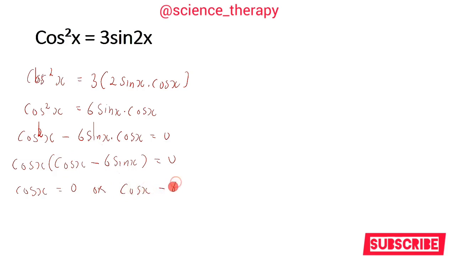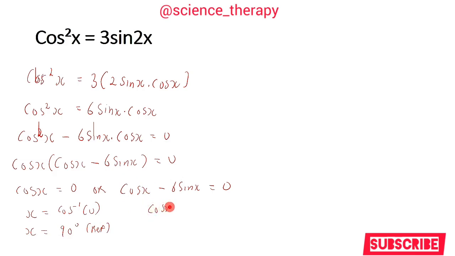Then cos x minus 6 sine x is equal to 0. Now to find the solution to this one, you have x is equal to shift cos of 0, and that equals x is 90 degrees. So that's your reference angle for cos. Now let's continue with this one.